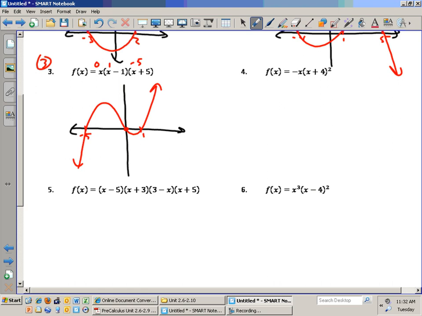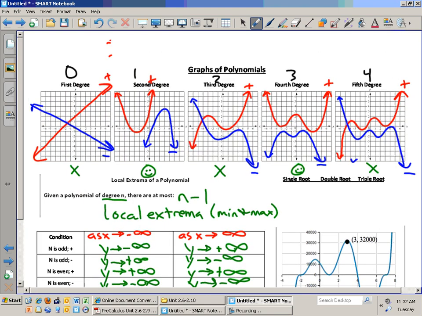You got to know by the previous thing we just looked at. So if you look at all the odd ones, starts down, finishes up if it's positive. If it's negative, starts up, finishes down. That's what you got to be able to think of. So if you got to look back at the sheet, so be it.